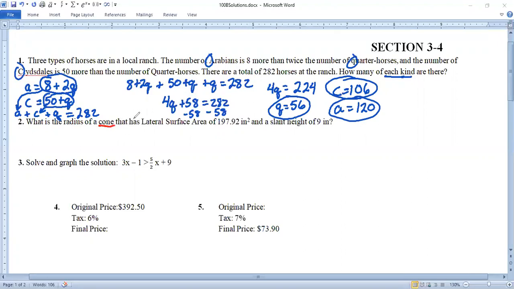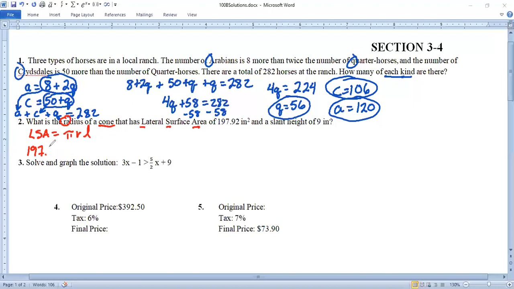All right, the next one, what is the radius of a cone? Ooh, we have a shape here. That means we have formulas. We need the one that has the lateral surface area, LSA. So that's LSA of a cone is pi r L. So we need to find the radius. So we're looking for R, and we know that the LSA is 197.92.